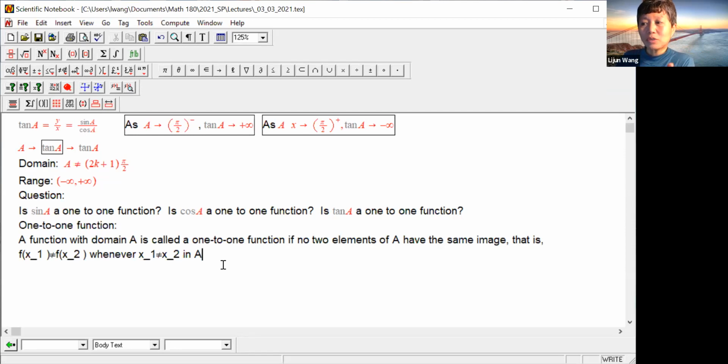So you cannot say x1 cannot equal x2. The word is whenever. Do you hear the difference? English is not my first language, but I feel it's different. There's a difference between saying x1 cannot be x2 versus whenever x1 is not the same as x2. You have to use the right word.